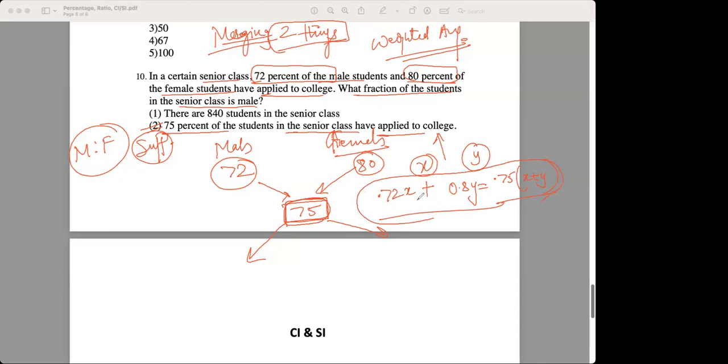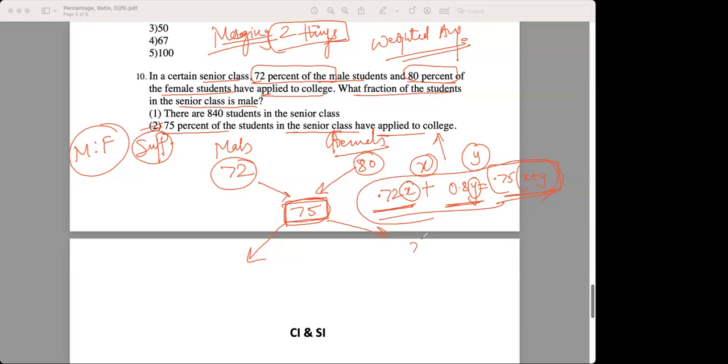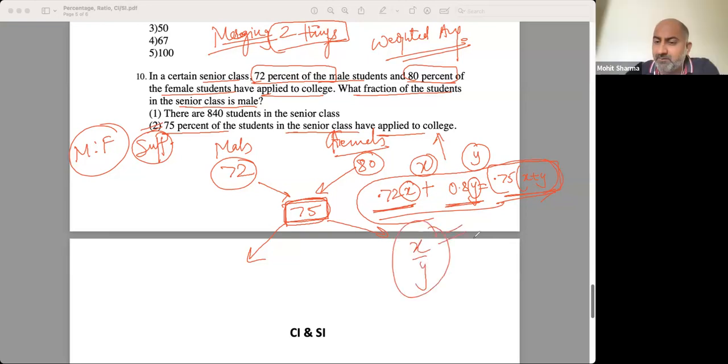So 0.72 of X plus 0.8 of Y is equal to 0.75 of X plus Y. That equation is fine, first of all. Can we find X upon Y from here? Yes, we can find. We don't need numbers, we need the ratio, end of the day.